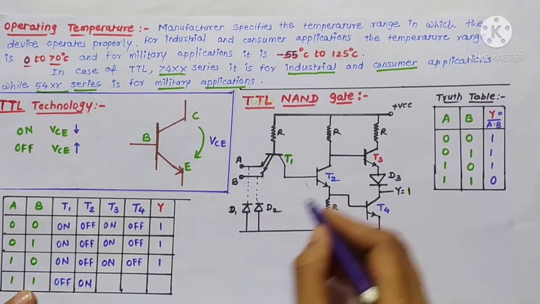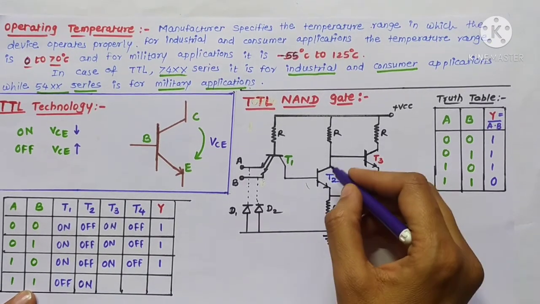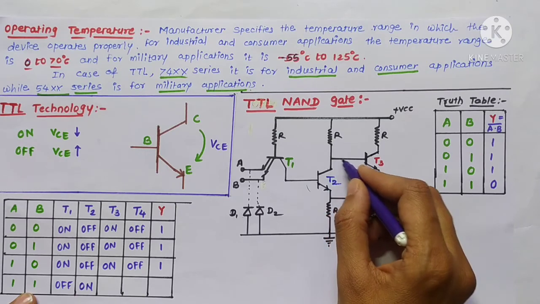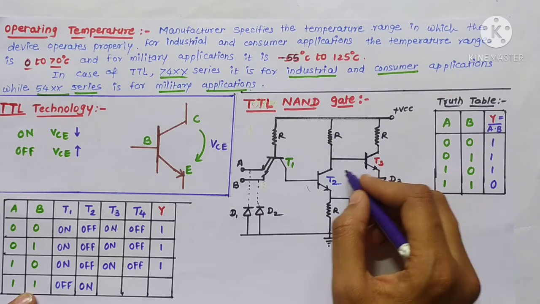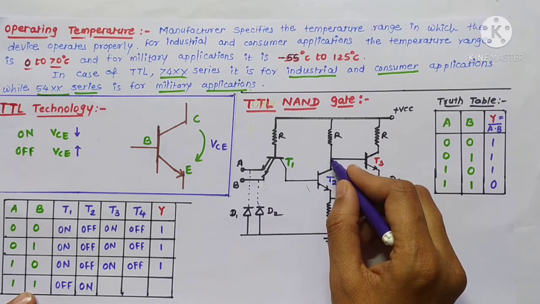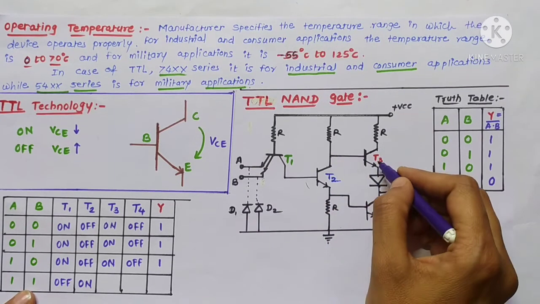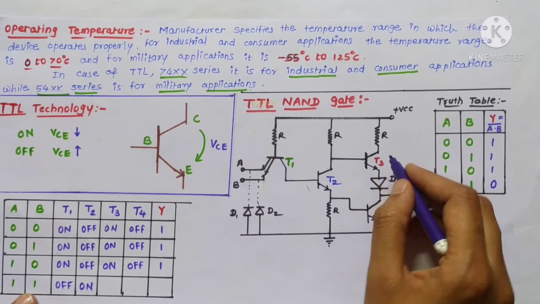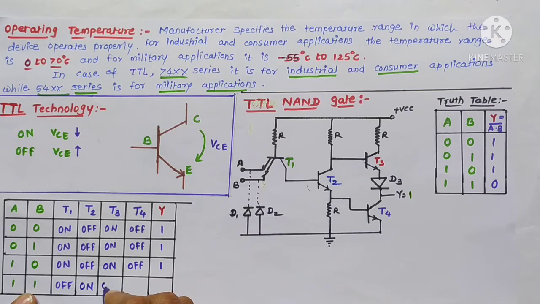As the transistor T2 switches on, its collector goes to the low. As the collector of T2 is connected to the base of T3, this low collector of T2 makes the base of T3 low, and this T3 is in cutoff.